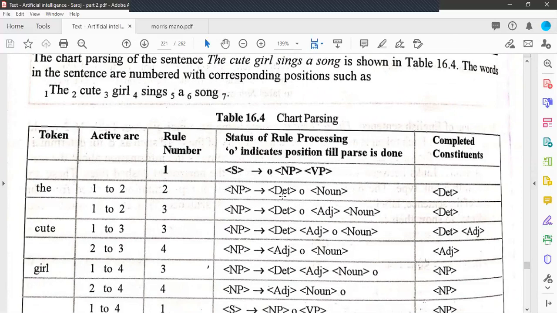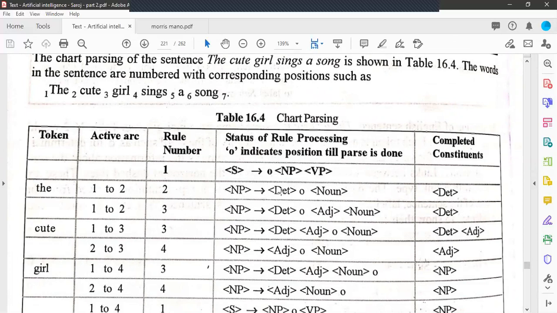Here noun phrase, you have determiner, and this is a sort of pointer which is keeping track of what has been parsed and what is yet to be parsed. It's the position. So this small o is keeping track of the position.